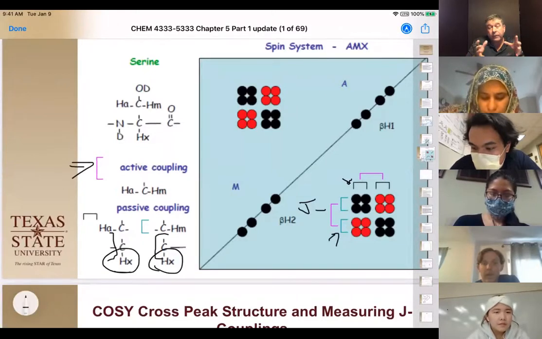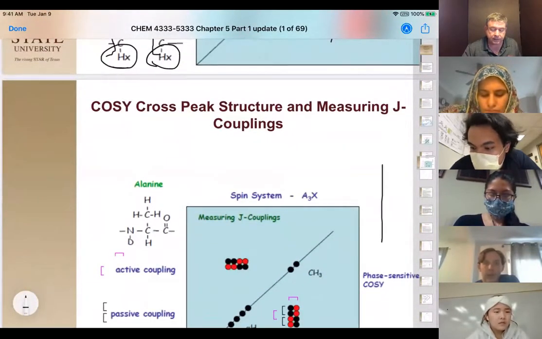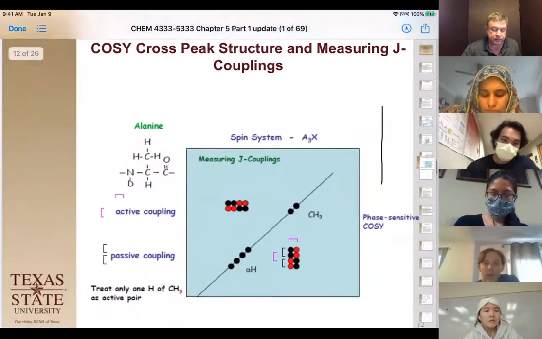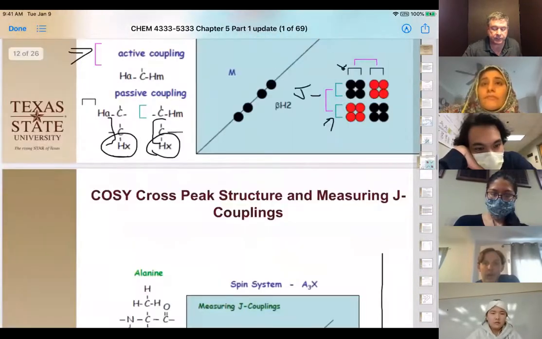Now, if we take all that information and add it together, in this case we've added another proton here. In here we had a deuterium on the O, so we changed it.